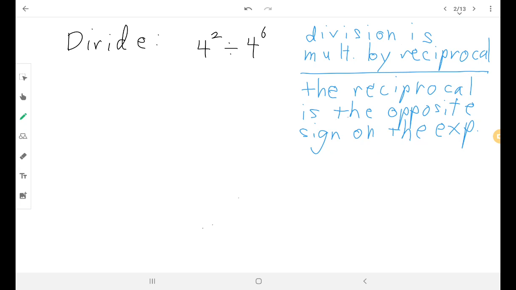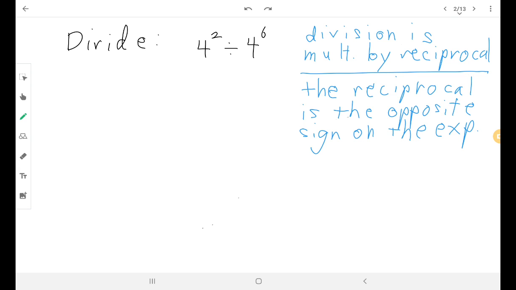So if I want to talk about this problem in terms of a multiplication problem, and it's almost always easier to do that.